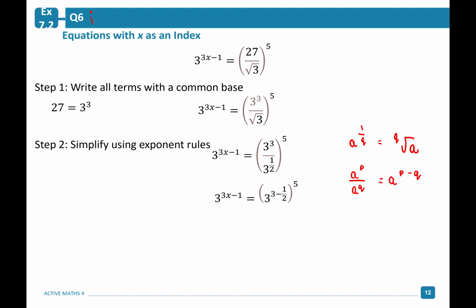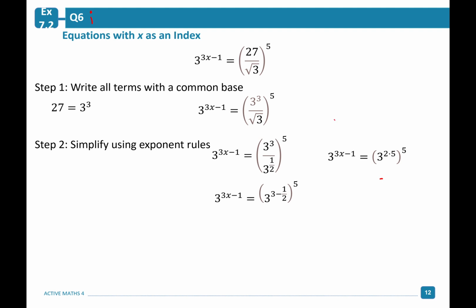So simplifying that, 3 minus a half gives us 2.5, which leaves us with 3 to the power of 3x minus 1 equals 3 to the power of 2.5, all to the power of 5. Continue to simplify.